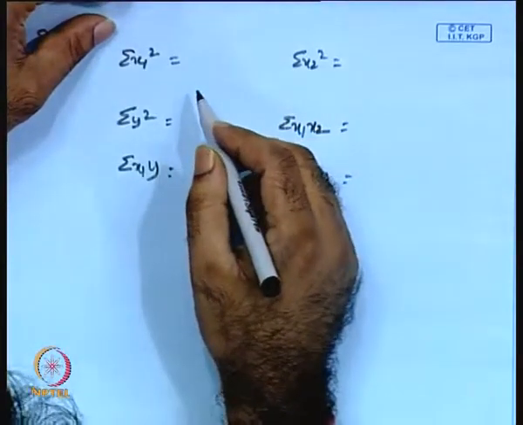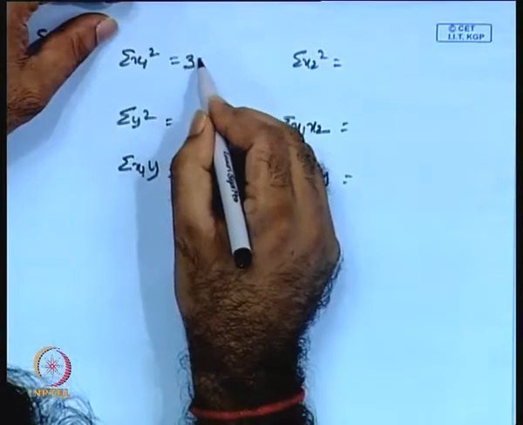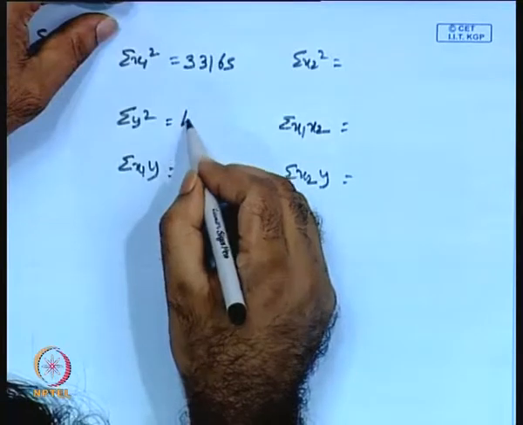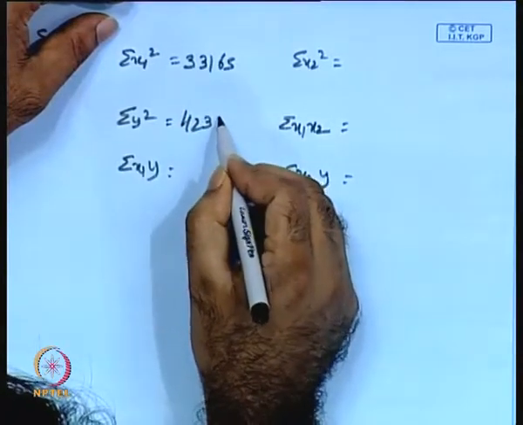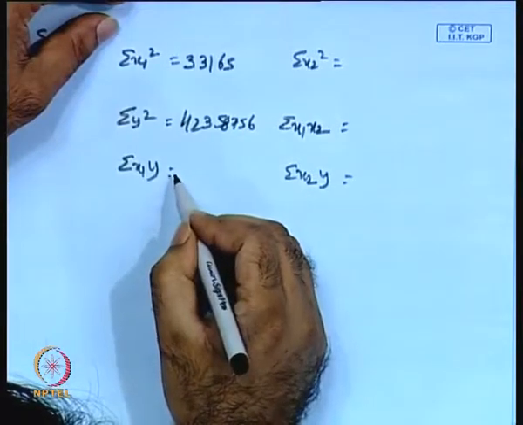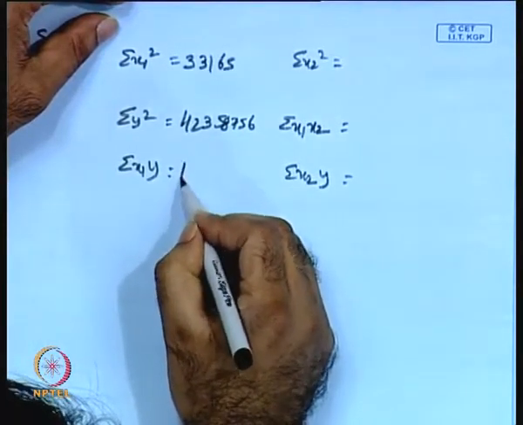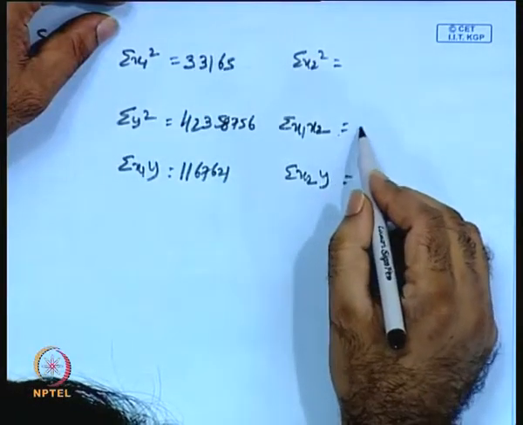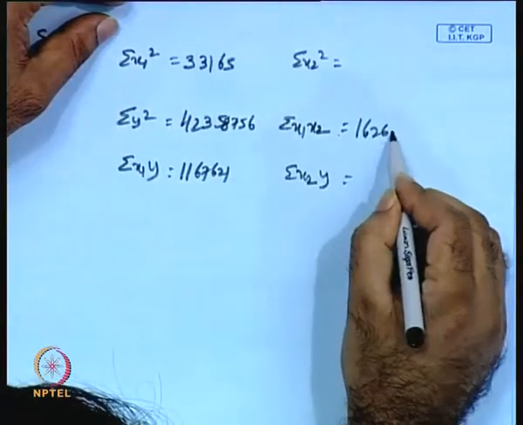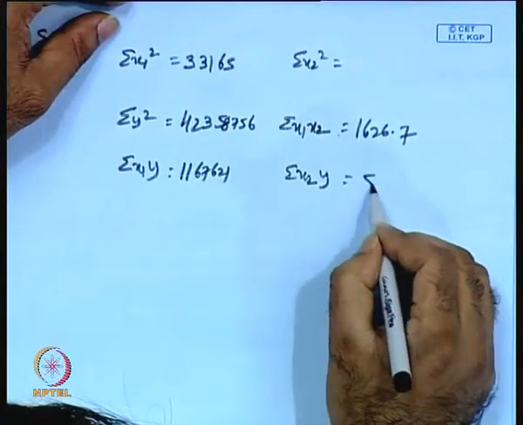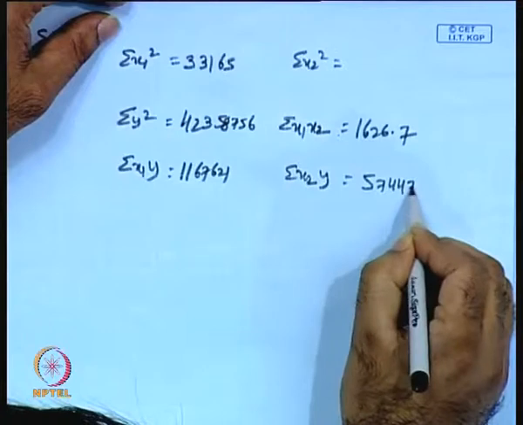Now we would like to know what is summation x1 square. Summation x1 square equal to 33165, then summation y square equal to 42358,756, then summation x1 y equal to 1167621, then summation x1 x2 equal to 1626.7, then summation x2 y equal to 57447.7.